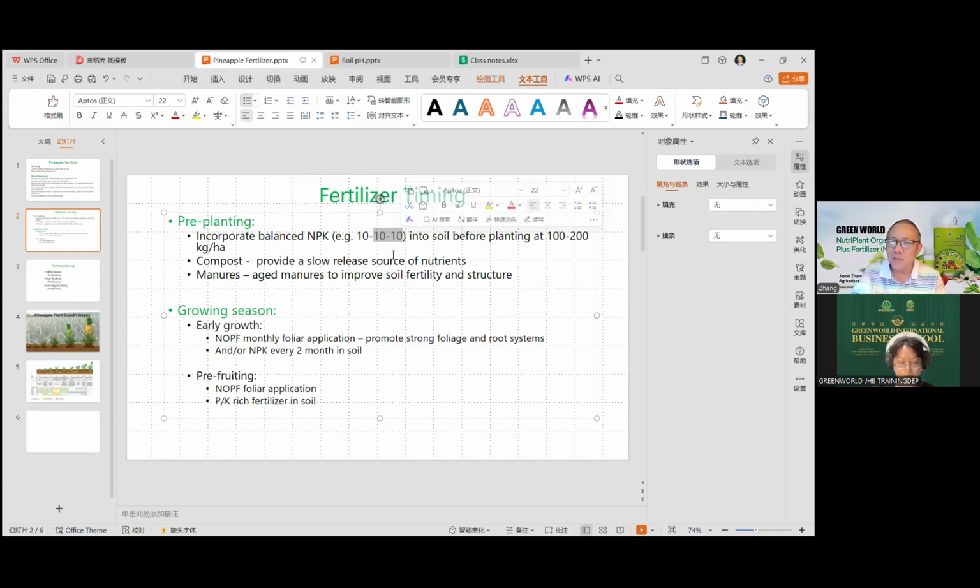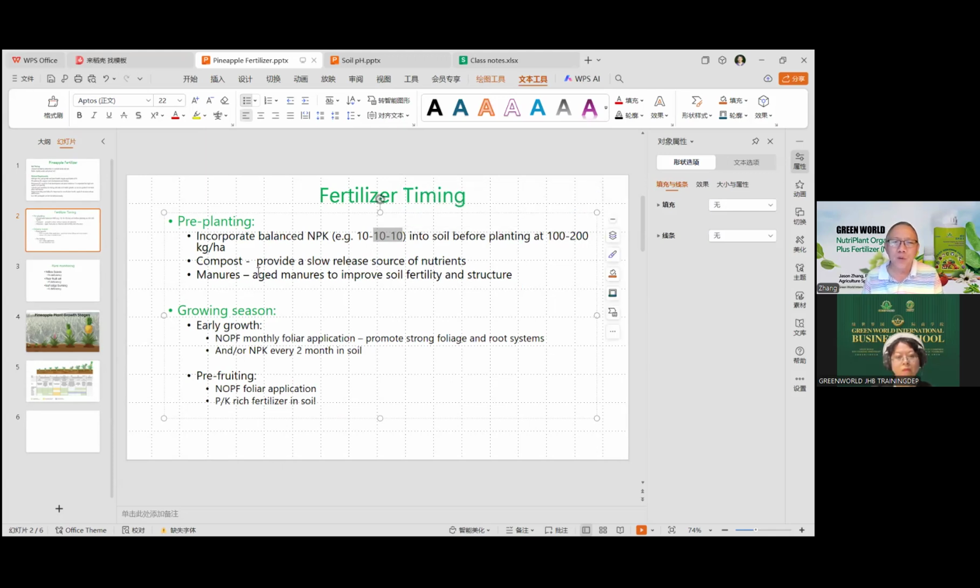Then after plants start growing, you use NOPF. So conventional in the soil, organic liquid fertilizer in the later season, after the growing season starts. This way, you have enough P and K in the soil, worked on over a long time by the microorganisms to make them available for plant use.